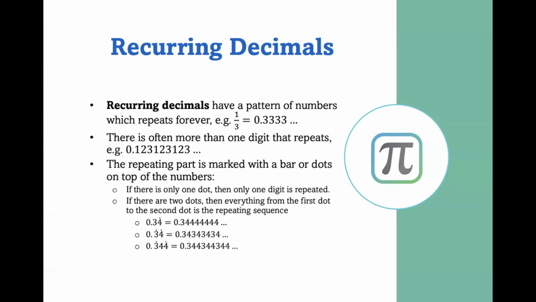Another example here, we have three numbers in the recurring decimal. You wouldn't typically put a dot above every number, it's just the first and the last. So here where it's 0.344 with the dot above the 3 and the dot above the second 4, you have 0.344344344.